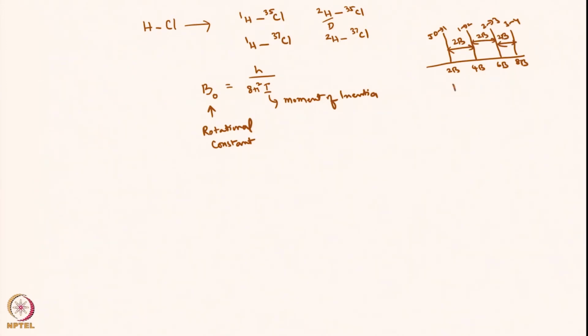This is the pure rotational spectrum. When you have the rotational constant B naught, 2B or 2B naught can be directly measured from the experiment.